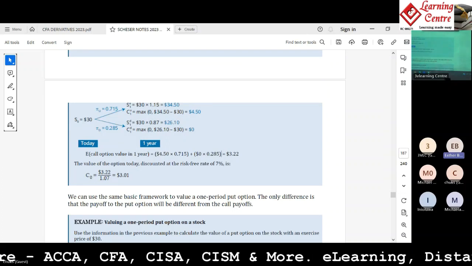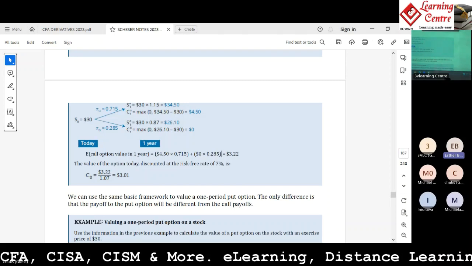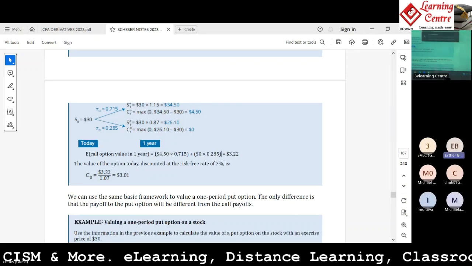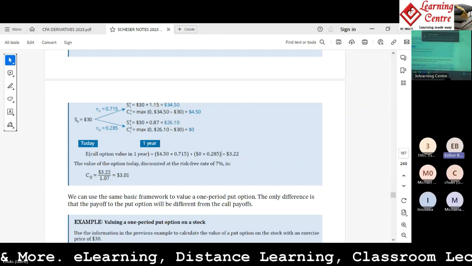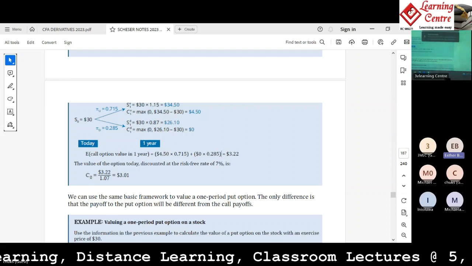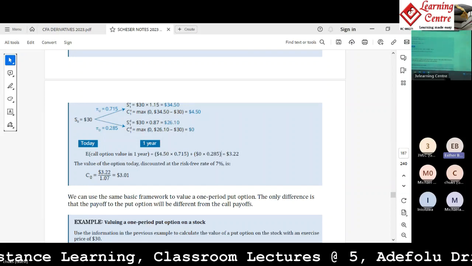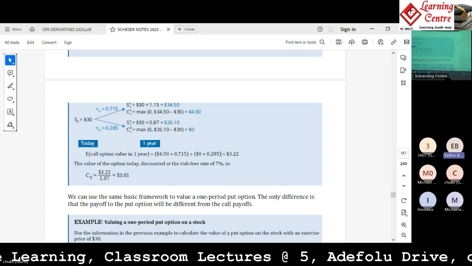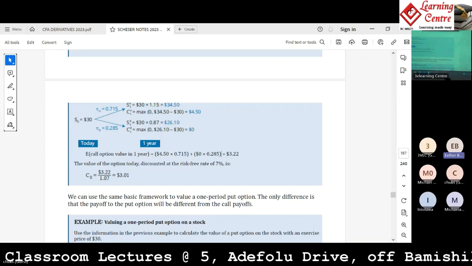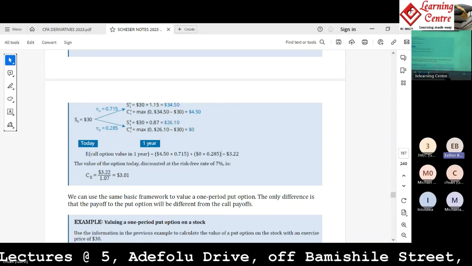For the second one, it's 30 minus 26.10, which gives me about 3.9. Then I multiplied 3.9 by 0.285 and got 1.11. I discounted 1.11 to the present value using 1.07 and got 1.0374. If I round it up, that's 1.038.